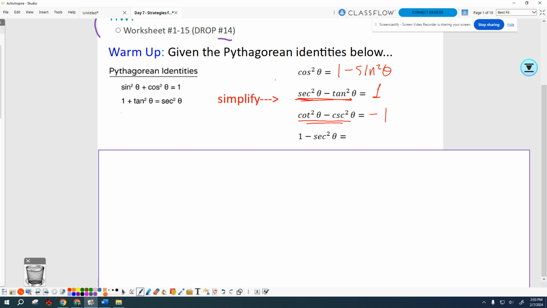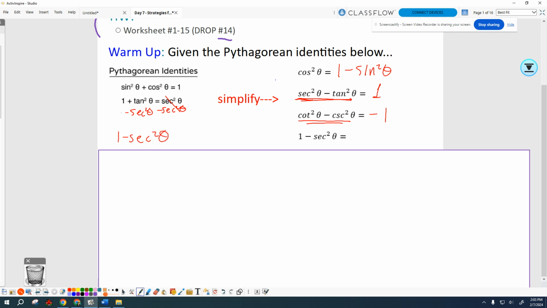I want the 1 to be positive. You do minus cosecant, and then it'd be 1 minus cosecant equals secant. Where are you getting cosecant from? Okay. So I'm going to subtract secant squared from both sides.